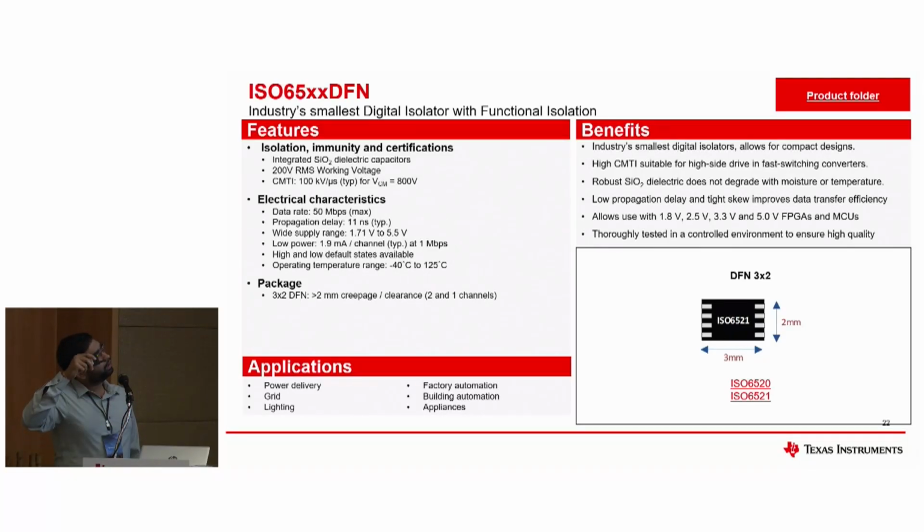Even with the small package, this is a tri-temp operational device, and since it is a smaller package, the power consumed is also very low, 1.9 milliamps per channel. And VCM, of course, when you reduce the working voltage, the VCM also comes down. Generally, we have 2 kV, 3 kV VCM for our reinforced isolators, but the common mode voltage is basically the DC voltage that you can apply between side 1 and side 2.